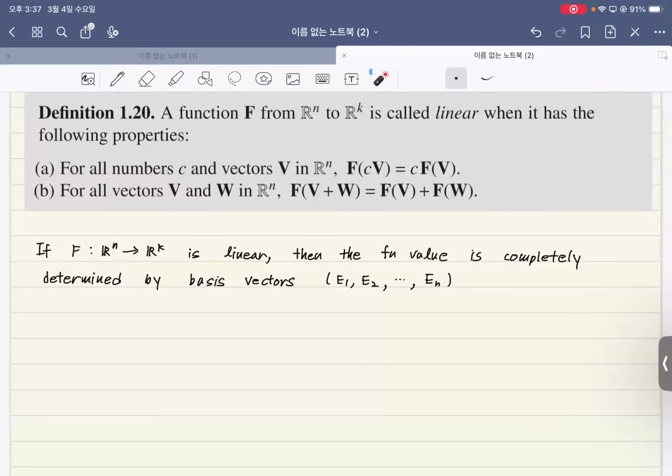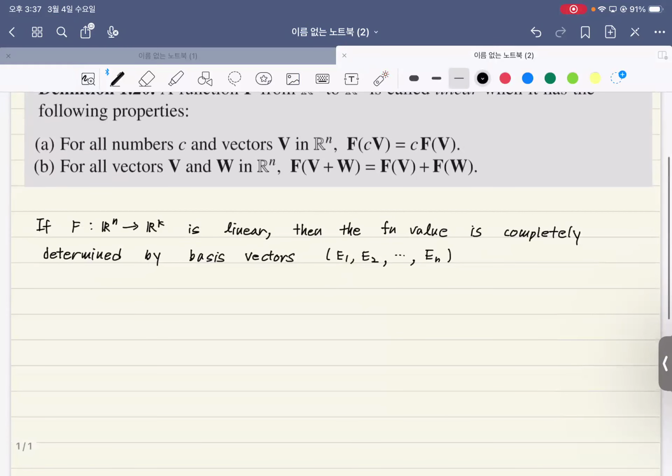Do you know what I mean by these vectors? E1 and E2 are the so-called standard basis vectors, standard unit vectors. The first component of E1 is 1 and all the other components equal 0. So these are the standard unit vectors.